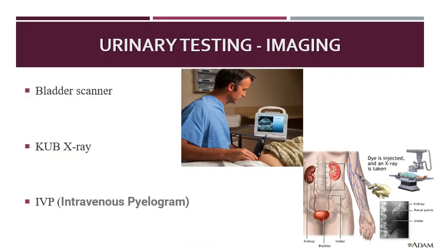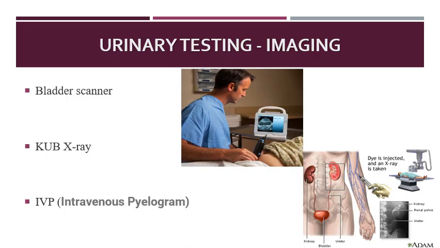Some other testing that might be done is a bladder scanner. Many of you have probably done a bladder scanner. It's just looking for the amount of fluid in the bladder. A KUB X-ray. This KUB stands for kidneys, urinary, and bladder. And we're looking for obstructions. We're looking for enlargements.